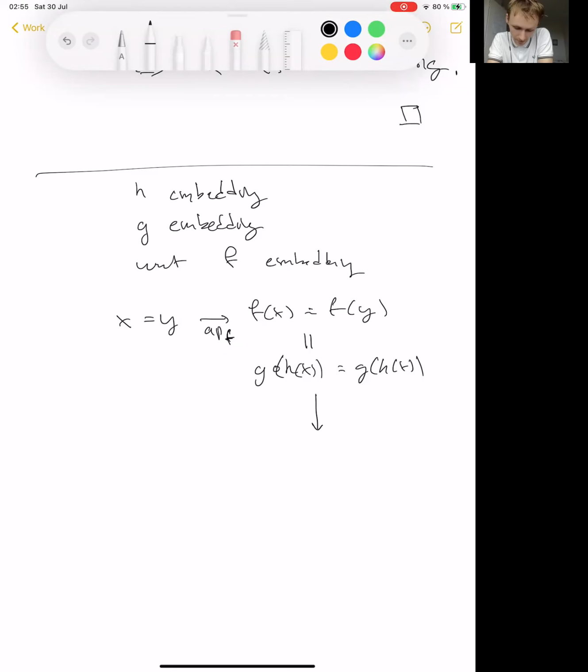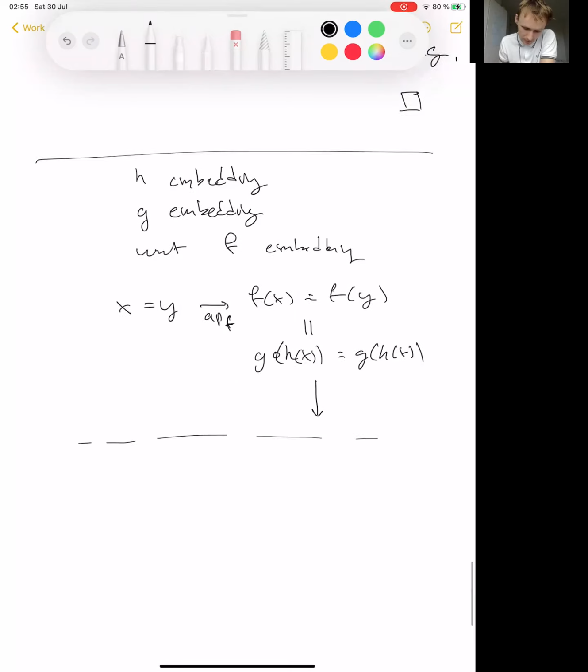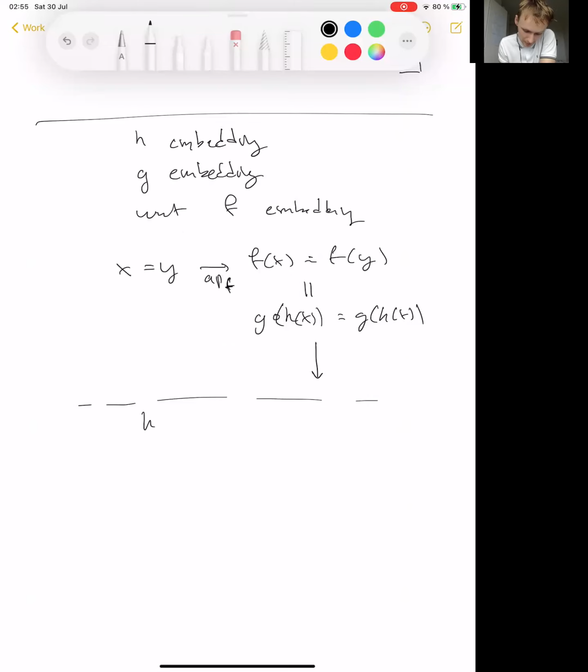But the other case should not be possible. Wait. I'm super confused. Yeah, because this should all be fine. Okay, let's instead suppose that H is an embedding and F is an embedding. Oh, yeah, okay, this is where it breaks. Oh, thank you.